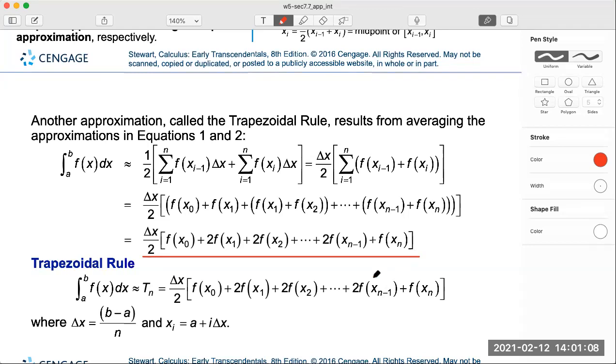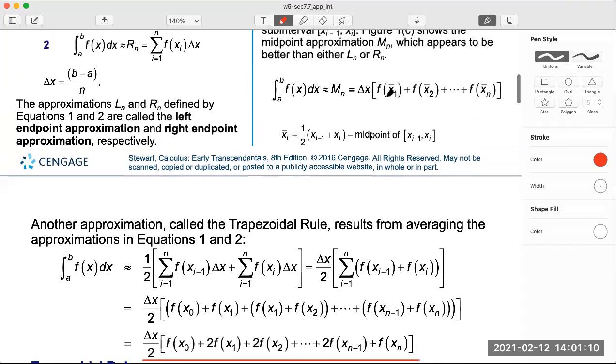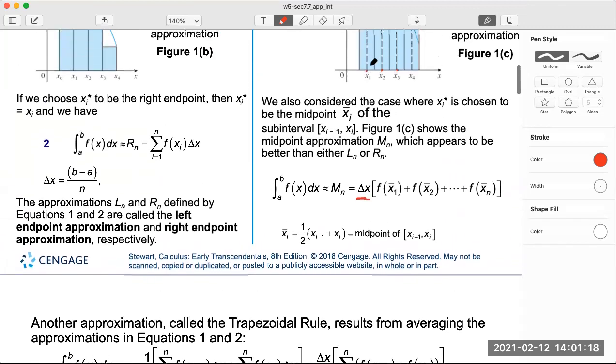It is different from the definition of the midpoint rule, because there it is delta x times f of this middle point, the midpoint of the interval, f(xi bar).